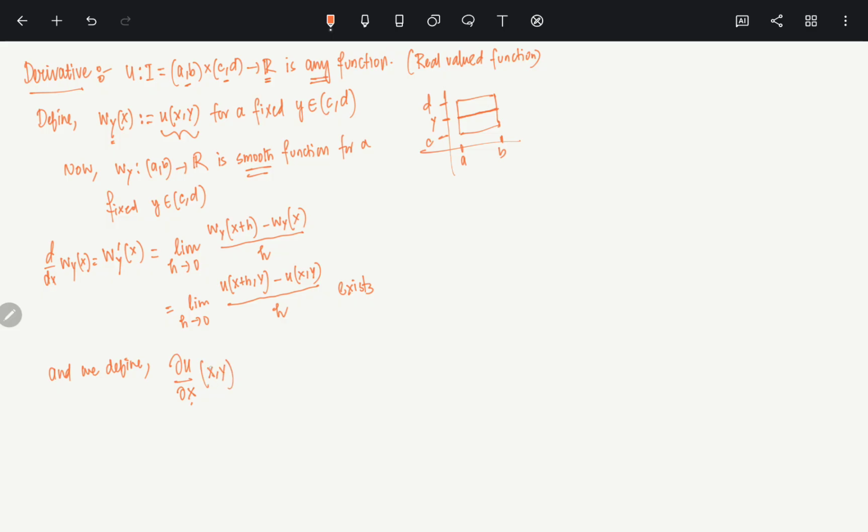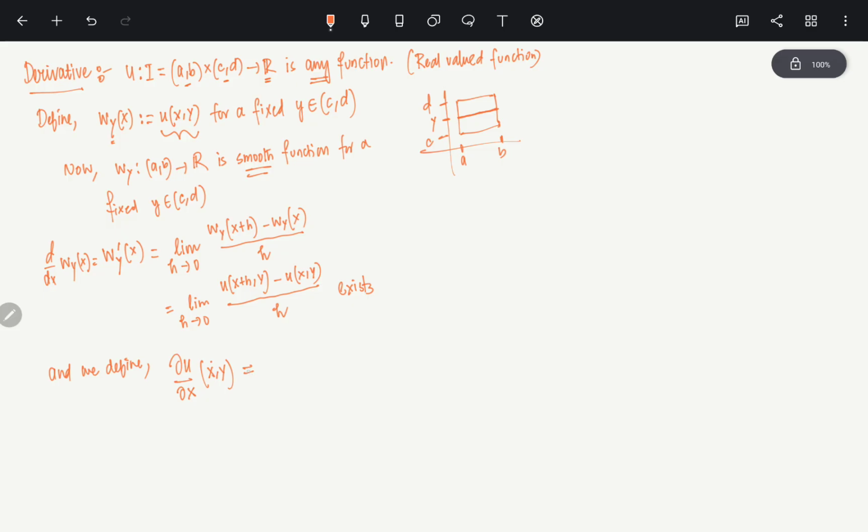This x and this x may not be the same. This x signifies that we are doing it in the x direction, and this x signifies that this is a point. If you want, you can change it to (x naught, y naught), absolutely no issues. So how do we do it?